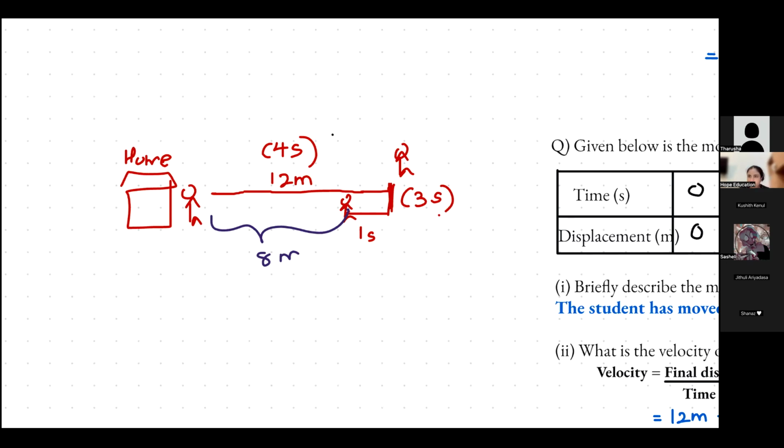Is that clear? Is that clear, Lamai? Yes, teacher. Yes, madam. Okay, others? Okay. 8 meters.